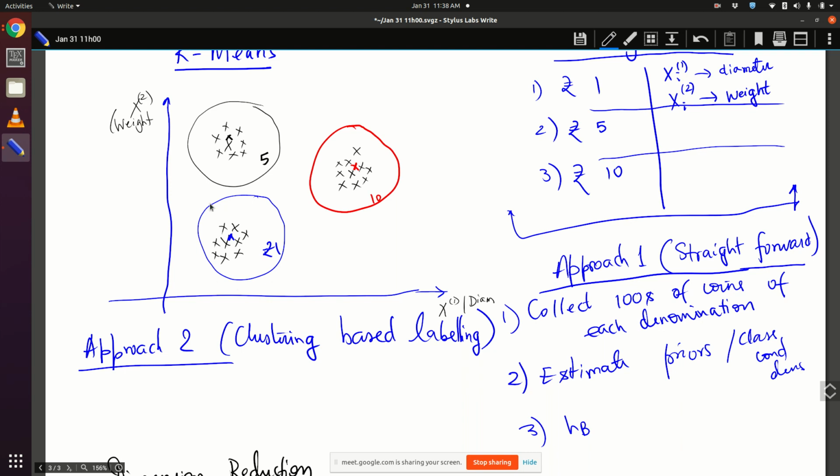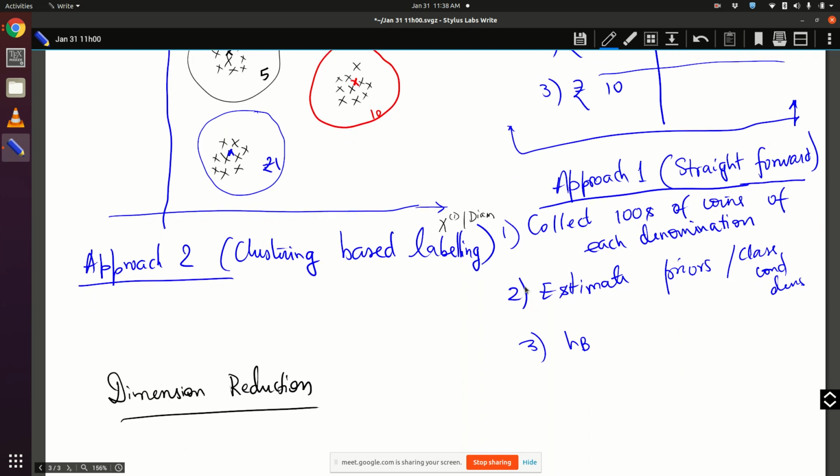Originally the data points had two dimensions. Now I have made it into one dimension, which is the cluster each point belongs to. There are only two here, but there could be 100 dimensions, and I could have reduced from 100 to just one.